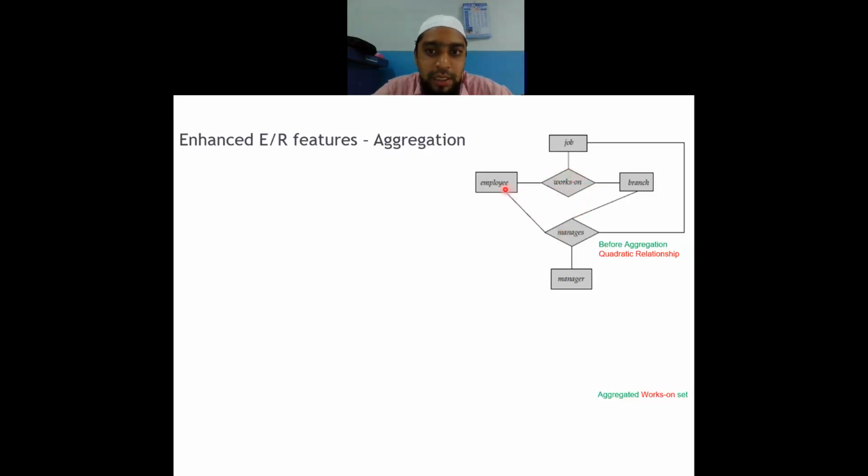So when we say that two entities are linked together with a relationship, there is a linkage among them using a relationship. But what about this manages and the works on? Can there be any relationship between two relationships? No. Is there any association between associations?